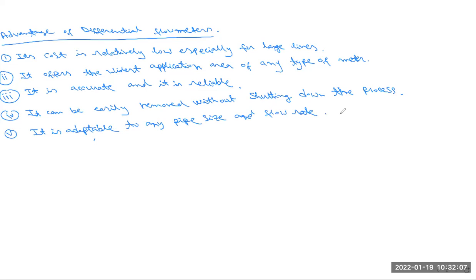So these are the basic advantages of the differential flow meters or differential head type flow meters. Number one, its cost is relatively low, especially for large lines. That means when you use it in large process control industries, where different types of pipes are available for flow measurement, the cost of the differential flow meter is very low.